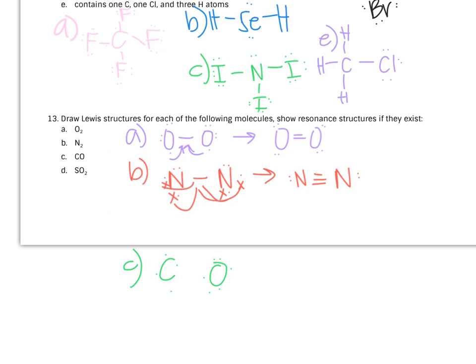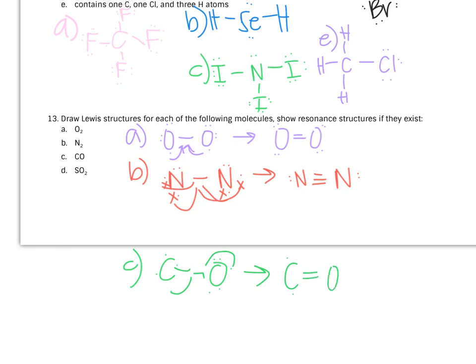Okay, so obviously none of the electrons on carbon are happy. This electron and this electron are not happy. So those are going to bond together. Over here, come over here, that one and that one, so that we get a double bond.